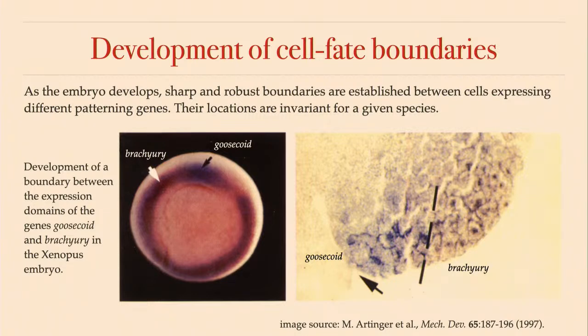It's shown quite nicely in this paper that a very clean boundary arises between those expressing this and those expressing that. The important thing is that this is quite robust.